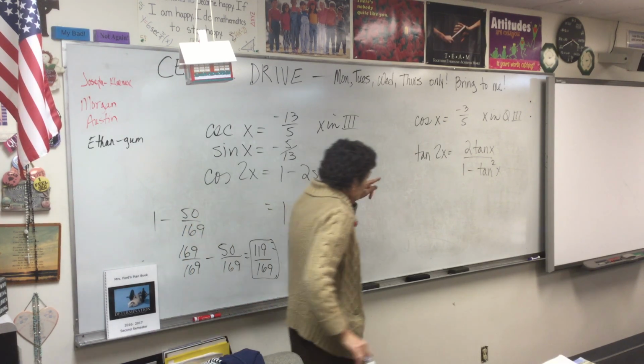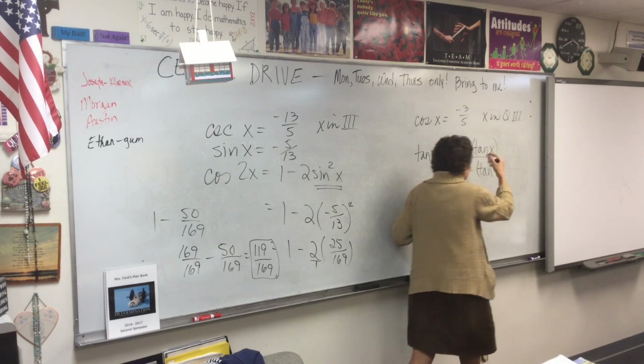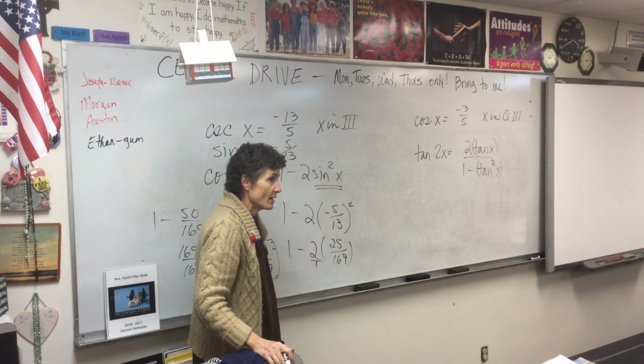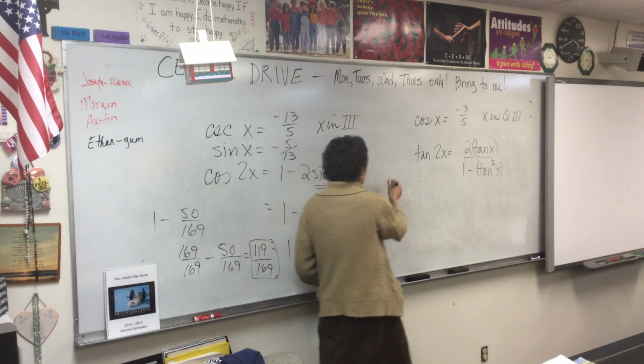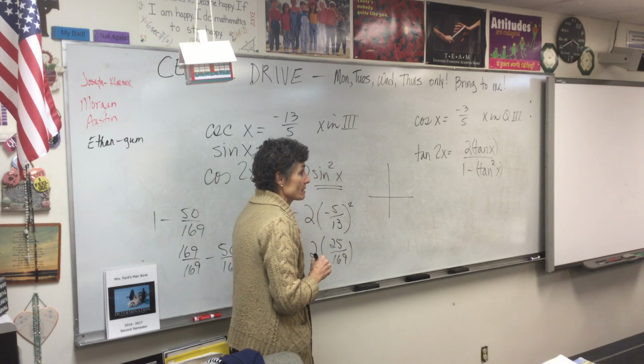Now, I need to put numbers in here. Where am I going to get the numbers that go in there? From the given. But I'm going to have to draw a picture and figure out what the tangent is.